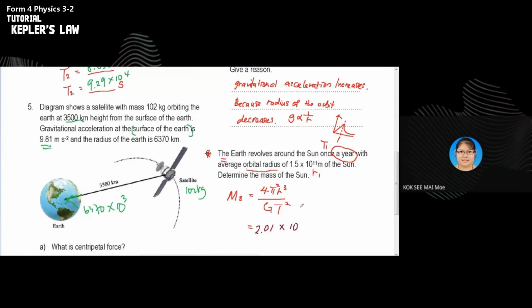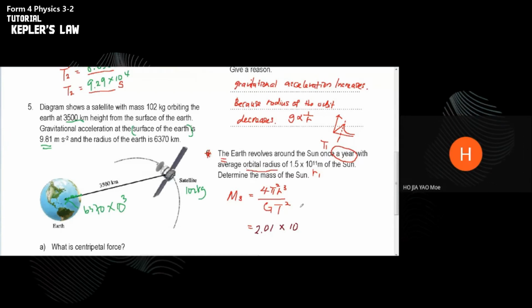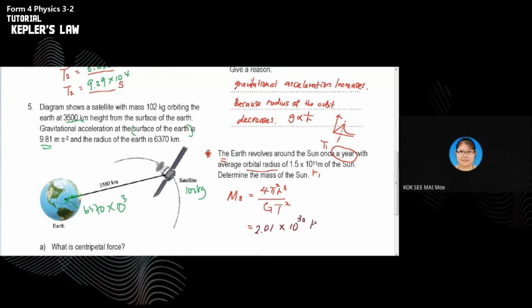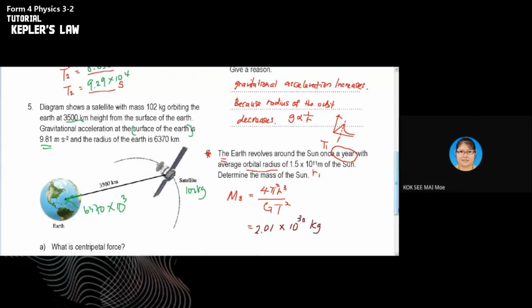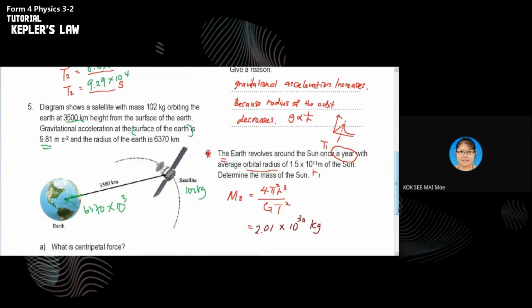Are you sure 33? 30. 30 kg. Okay, so this one is the mass of the sun.